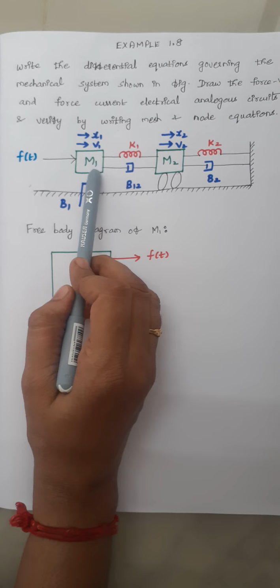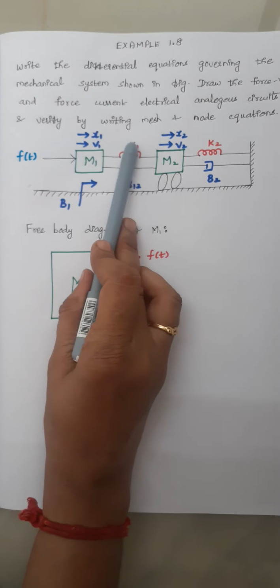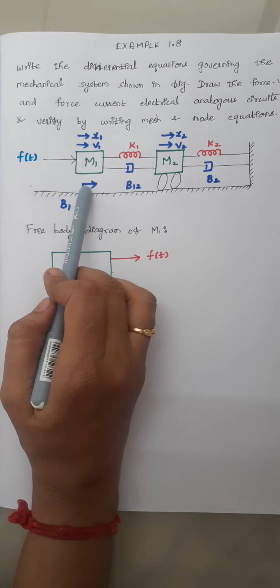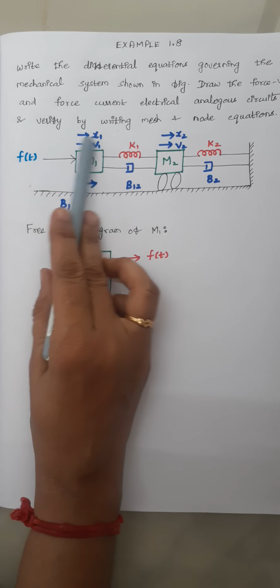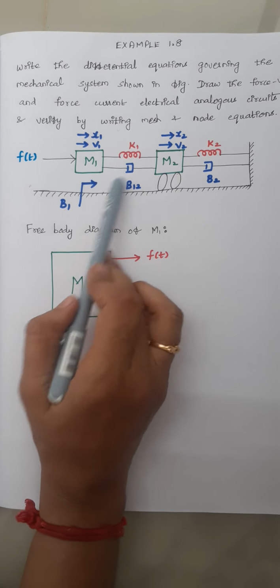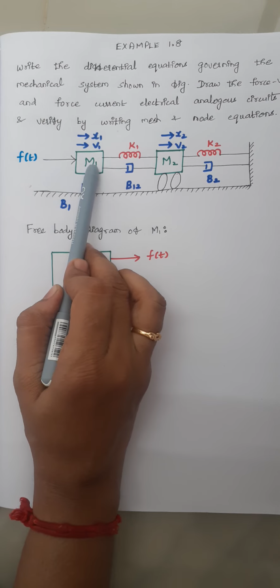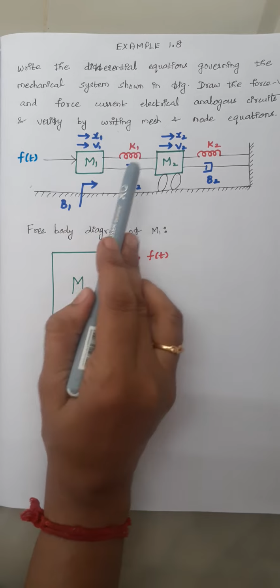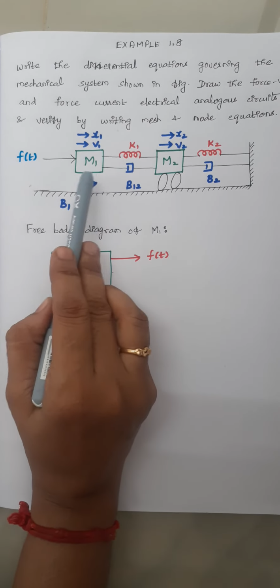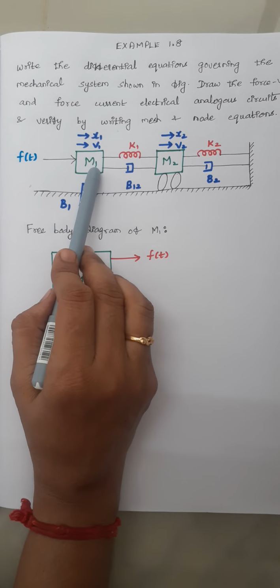Here we have four elements connected to mass M1. Apart from these four forces, one opposing force will be produced by mass M1 itself.